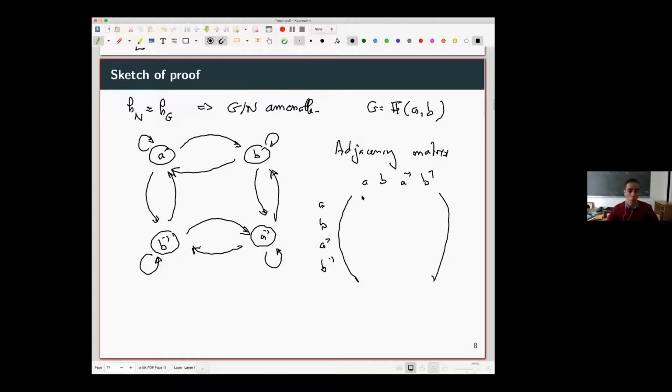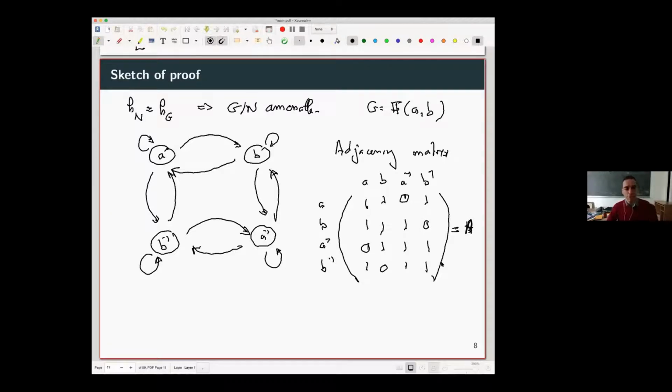I will put a 1 every time there is an arrow from one generator to the other. So it looks like this: 1, 1, 0, 1, because there is no arrow from A to A inverse, but all the other transitions are allowed. Then 1, 1, 1, 0, if I'm not mistaken, and so on. That's the adjacency matrix A.